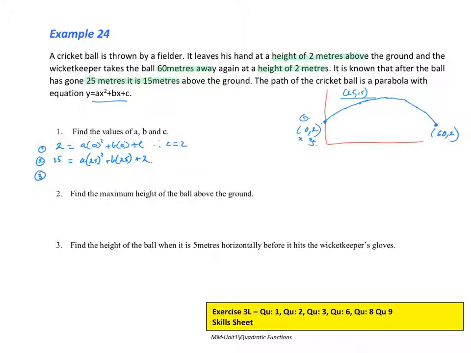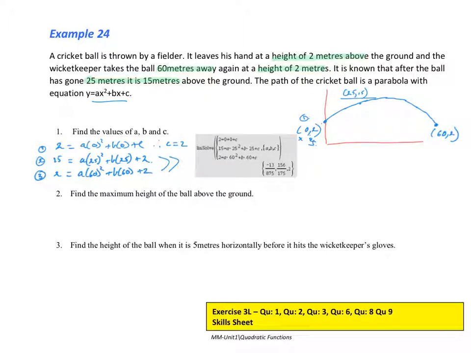And equation 3 gives me 2 is equal to a times 60 squared plus b times 60 plus 2. So we can see from these two equations, we can solve them simultaneously. I think we'll put those equations in the CAS. I'll do that, and I'll paste an image of what we should have got.